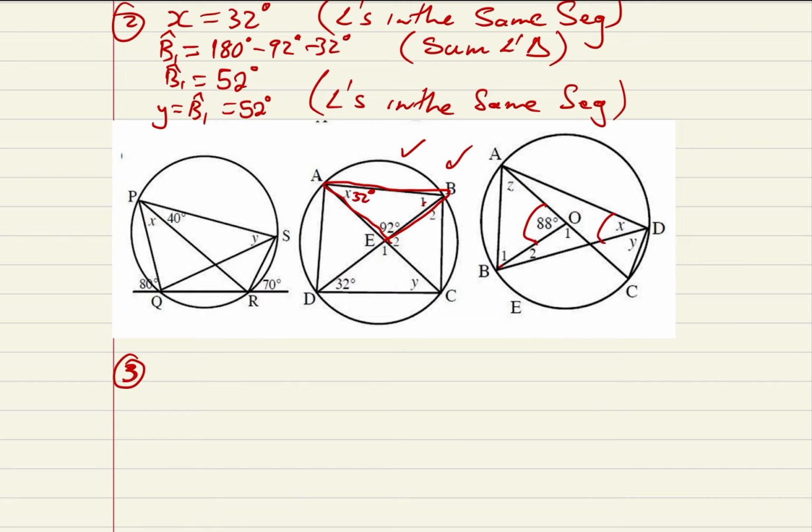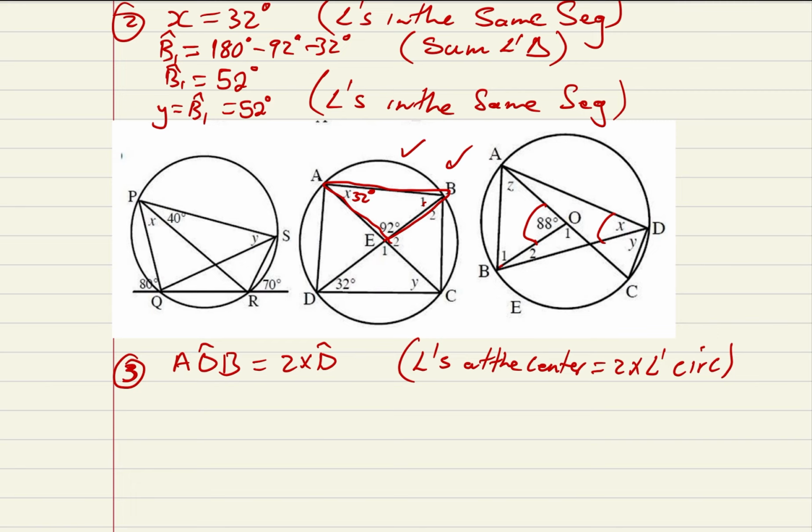That means angle AOB is equal to 2 times angle D. Why do we say so? Angle at the center is equal to 2 times angle at the circumference.